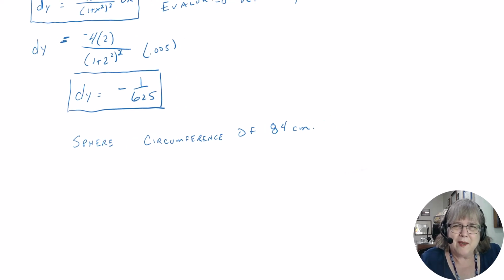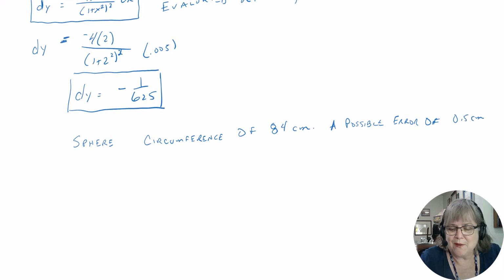Well, maybe. Okay, they could be off maybe with a possible error of 0.5 centimeters. I mean, I guess it's kind of hard to go around a sphere with a tape measure or something.